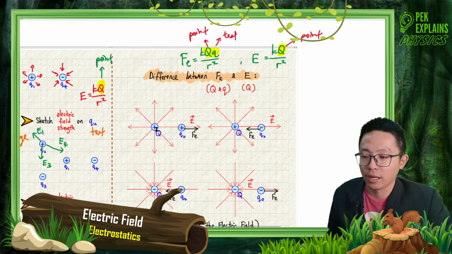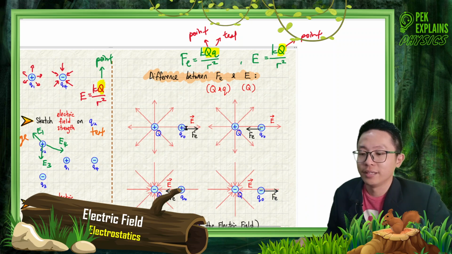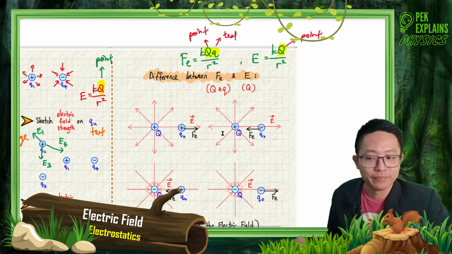Since both are positive charges, they repel, so the force is to the right because of repulsion. But the electric field is provided by only the point charge. Q naught is inside the electric field of the point charge.